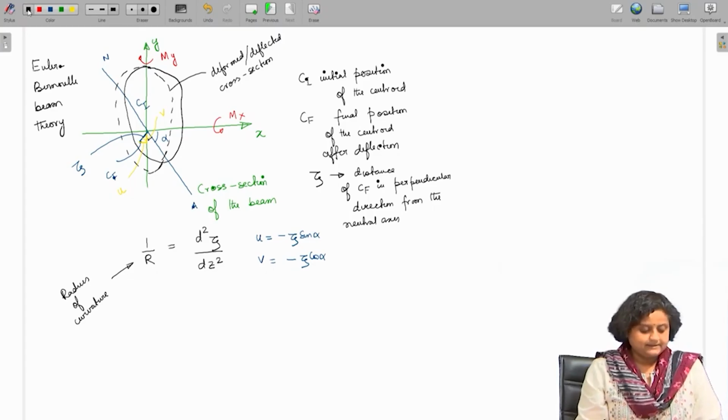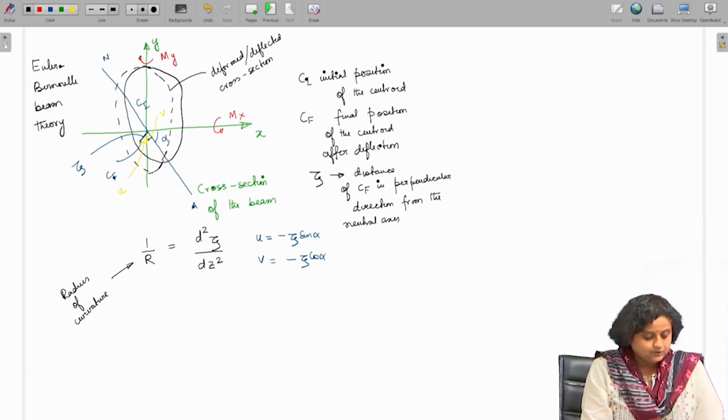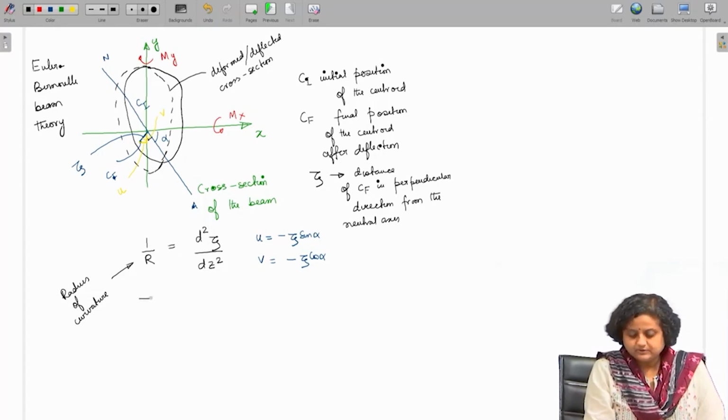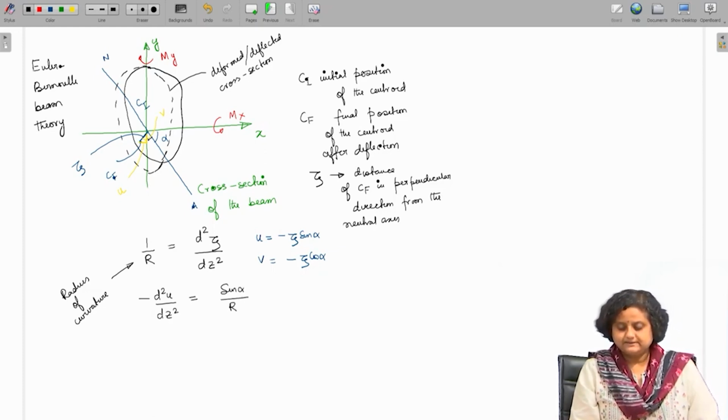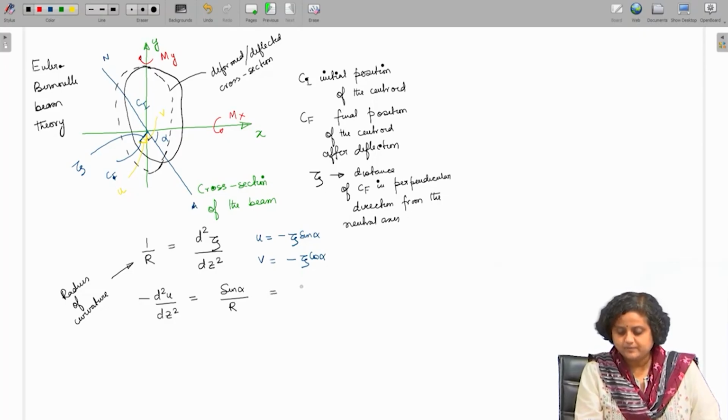Now, from this expression we can say that d2u by dz square can be written as sin alpha by r, because d2u by dz square is going to be d2z by dz square into sin alpha.